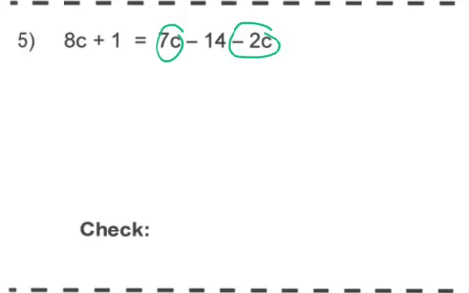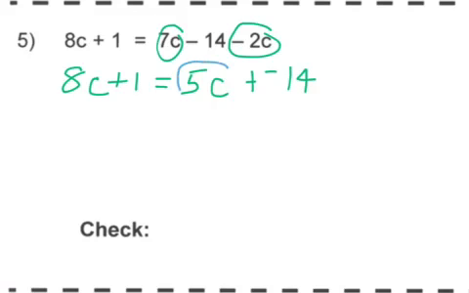So the first thing I would suggest you do is to write 8c plus 1 equal 7c plus a negative 2c is 5c. And that's really ugly. 5c. And that's going to be plus a negative 14.